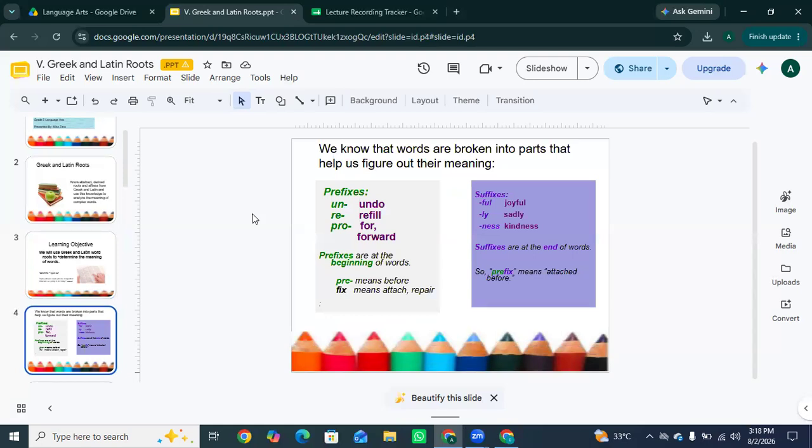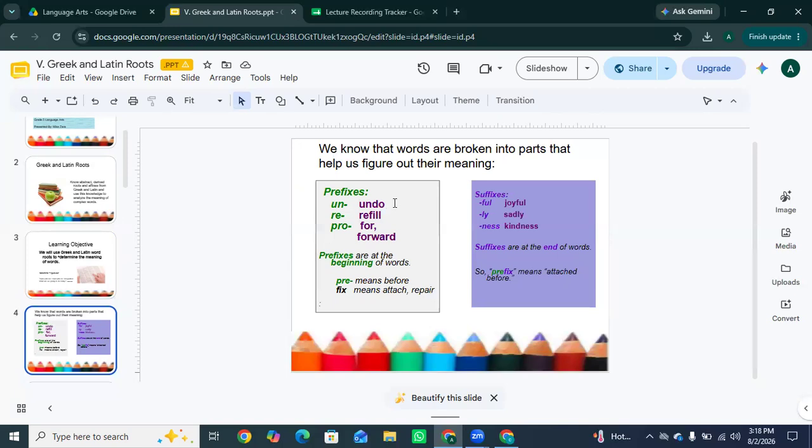So the next one is, we know that words are broken into parts that help us figure out their meaning, which are prefixes and suffixes. So what are prefixes and what are suffixes? Words are made up of different parts, and a prefix comes before the root. For example, un.